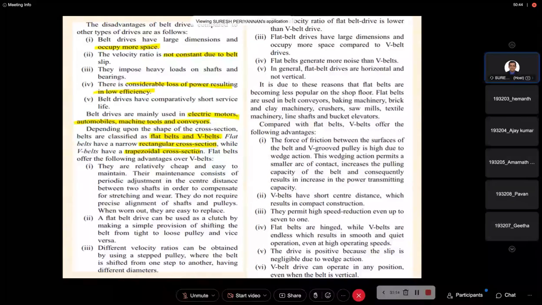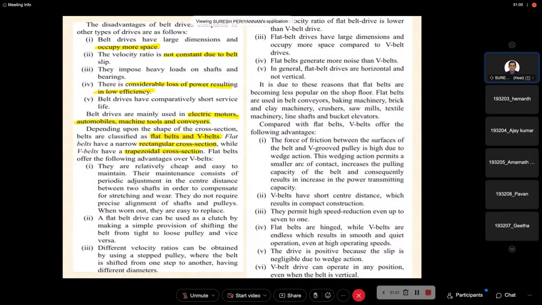Now, what are the flat belt advantages compared to the V belt? A flat belt can be easily replaced, and different velocity ratios can be obtained easily using a stepped pulley.